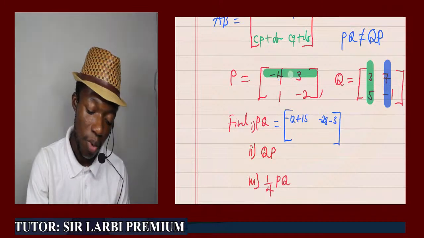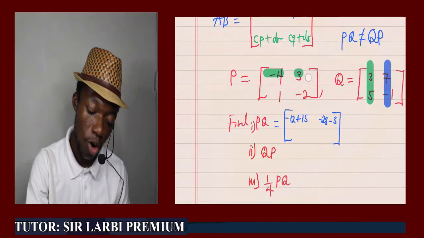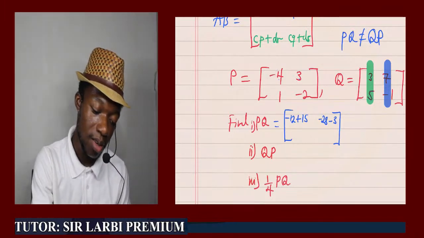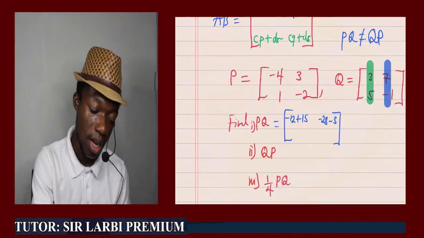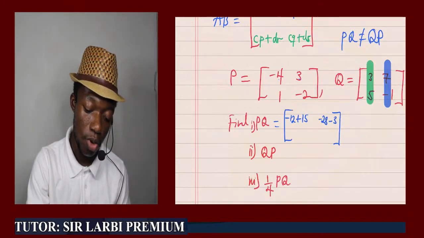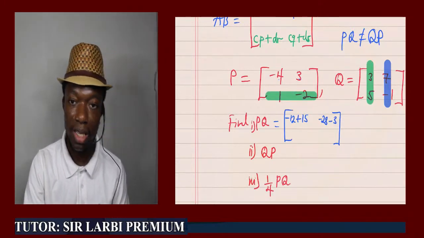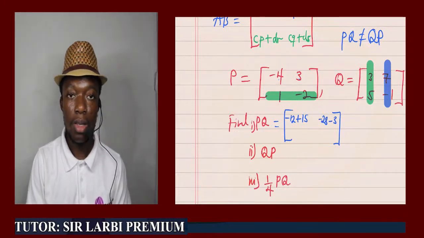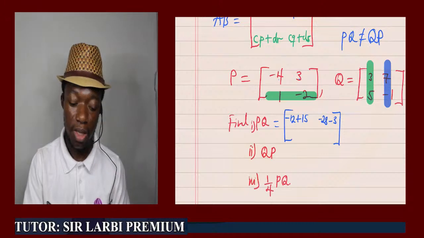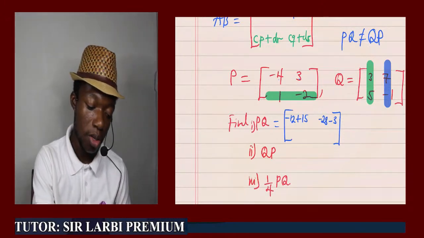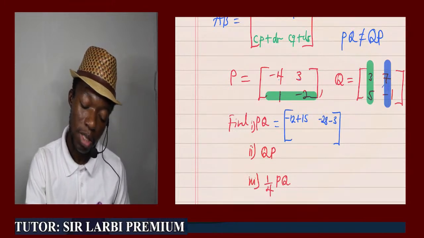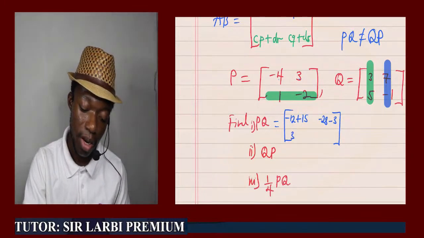Once we are done with the first row of the first matrix, we then consider the second row of the first matrix to do the same activity, to get the second row of the result matrix, which is PQ. So 1 multiplying 3, we get 3, and we say plus.